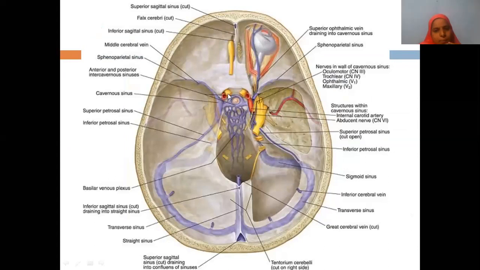Medially I said pituitary gland, laterally these cranial nerves, the third, fourth, fifth, ophthalmic and maxillary divisions. Anteriorly, it is related to the superior orbital fissure. Posteriorly, it is related to the apex of the petrous part of the temporal bone. Then the roof is formed by the optic nerves of right and left side, which crisscross: the optic chiasma.